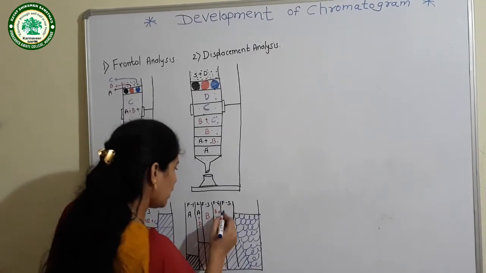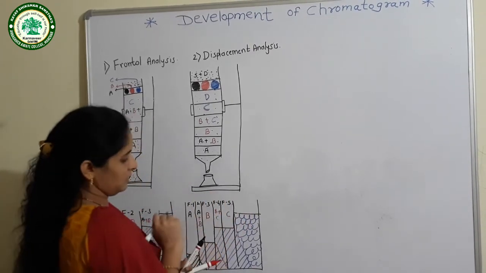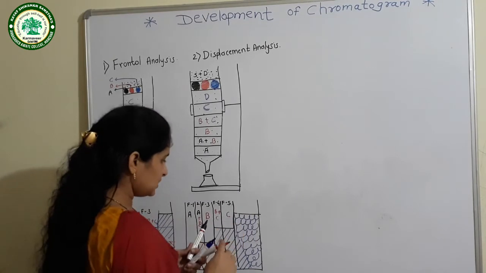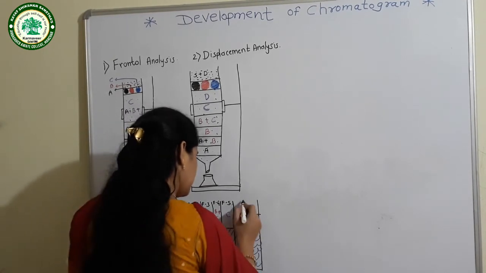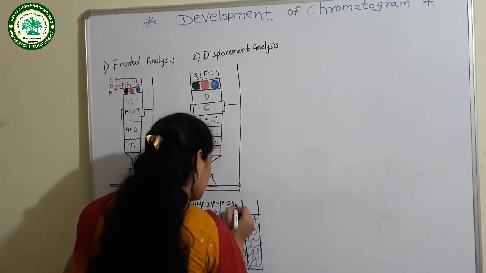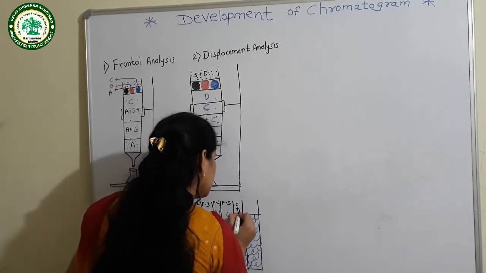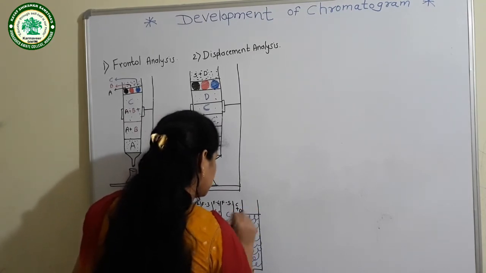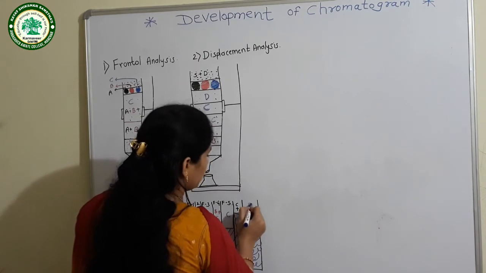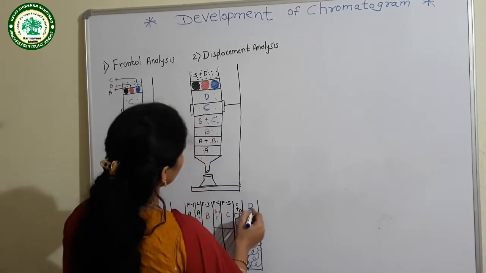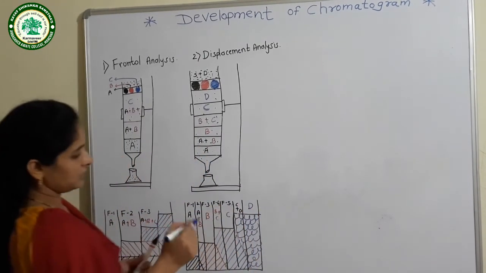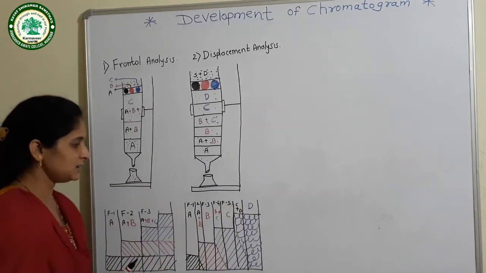We get pure component C. Okay, and in the last step, here we get C plus D, and in last we get the D. D means what? Displacing agent. At the last, the displacing agent is eluted.